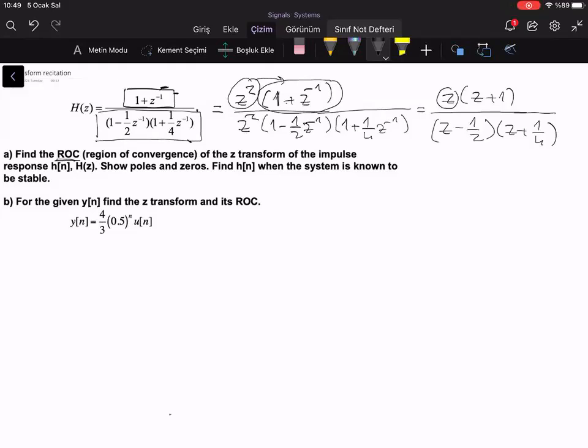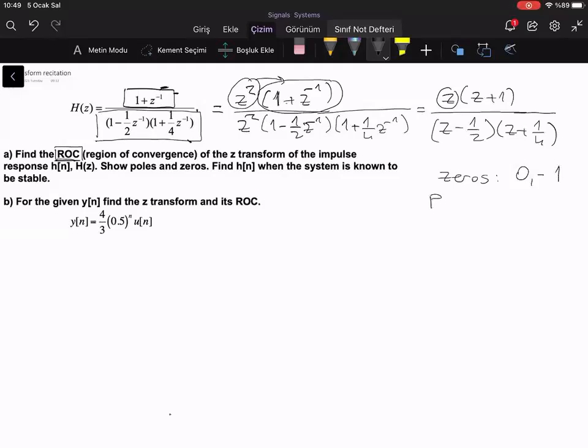Arkadaşlar, what I'm trying to do is, I'm trying to draw the ROC curve and indicate poles and zeros. Can everybody tell me what zeros for this H of z are? 0 and -1.